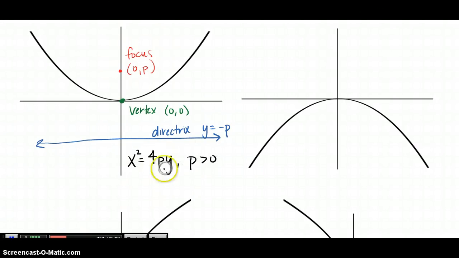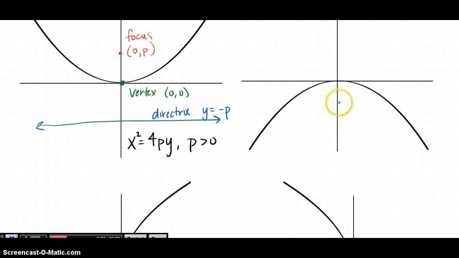We're going to be dealing with this equation later, so it might not make a whole lot of sense right now. So let's label the other pictures. So here, if we open down, our focus is always on the inside of the parabola. So this would be our focus at (0, p), whatever point that is. So then that means that our directrix is on the other side, equal distance, and we just flip the sign so we make it negative.